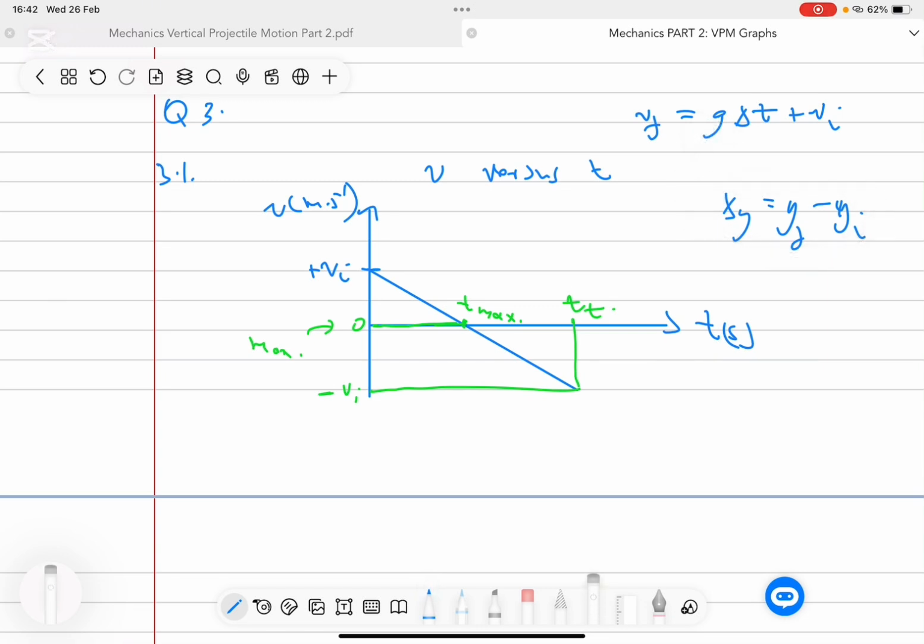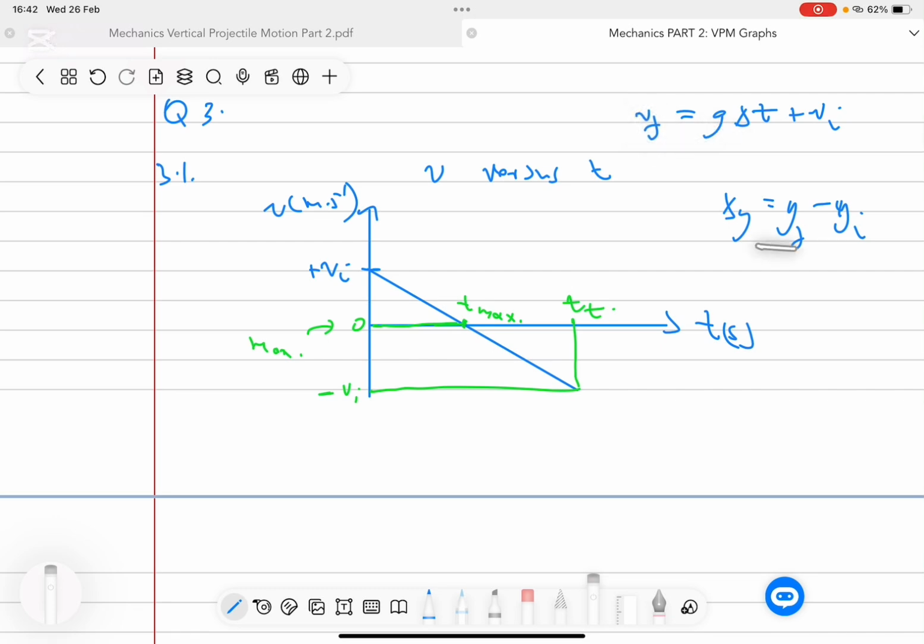That is to say, our velocity here is independent of the displacement or the positions, because this would be the final position, this would be the initial position, and the whole thing is a displacement when you find the difference between the two. So this velocity does not depend on it.